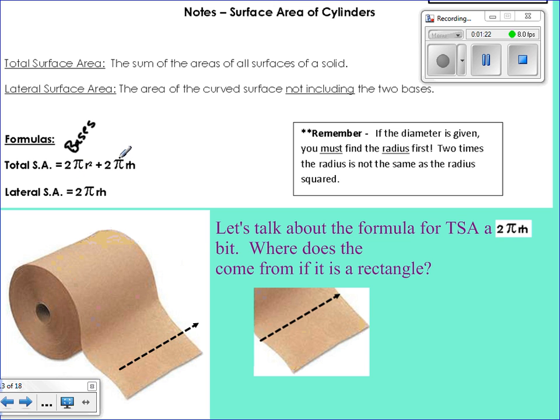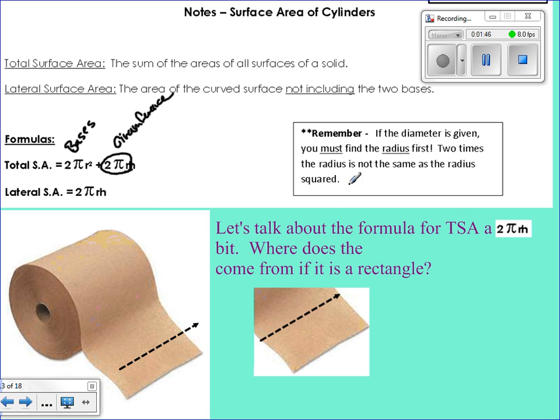Over here we have 2 pi r h. What about this part of the formula? 2 pi r. What is that? That's the circle thing? Circumference, right. So here we have the circumference formula. And then we're taking it times the height.